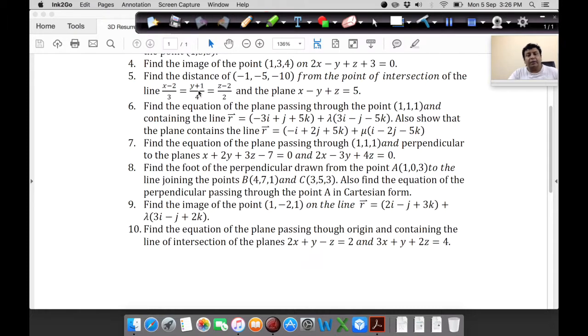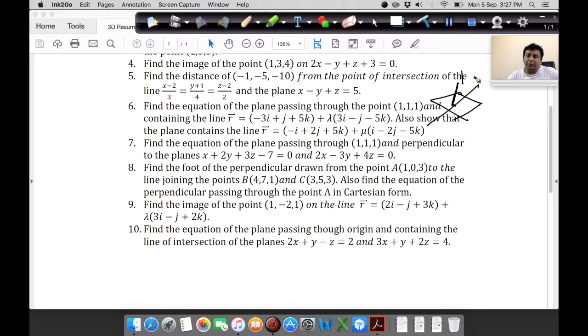So here we find x, y and z in terms of lambda and substitute. Substituting 3 lambda plus 2, 4 lambda minus 1, 2 lambda plus 2, we get the value of lambda. When we put lambda back, we get the point where the plane and the line intersect. Now there is some other point somewhere whose distance is to be found out.